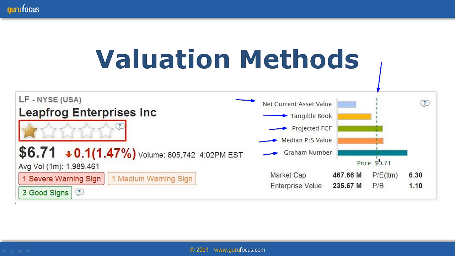So what this shows you is that the dotted line represents the price of the stock, and the colored horizontal bar represents the value based on that method. So the more bars to the right of this dotted line, the more undervalued the stock is thought to be, and the more bars to the left of that line, the more overvalued it's seen to be based on that valuation model.